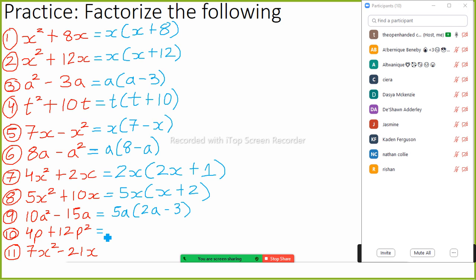Okay, so let me try. Go ahead, Deshaun, help me with number 10. Oh, I didn't answer that yet. Okay. Deja, help me with number 10.